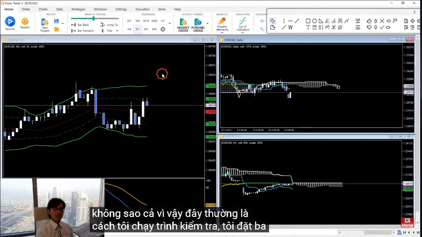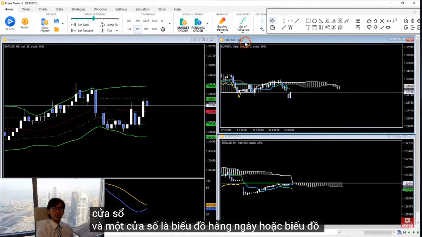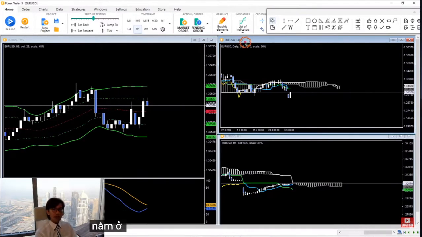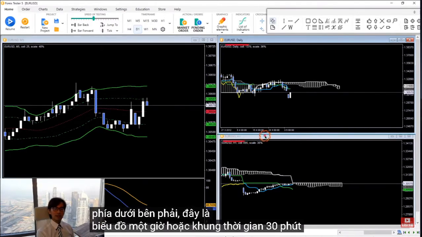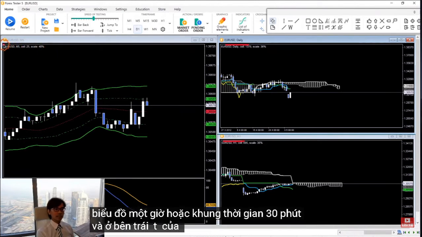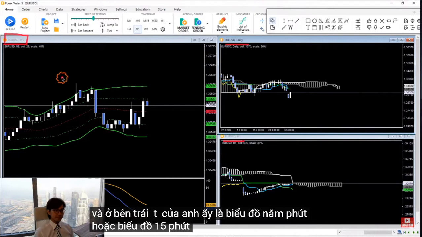I place 3 windows, and one is the daily chart or the 4-hour chart, which is located on the upper right, and lower right, this is either the 1 hour chart or the 30-minute time frame, and on the left, this is the 5-minute chart or the 15-minute chart.